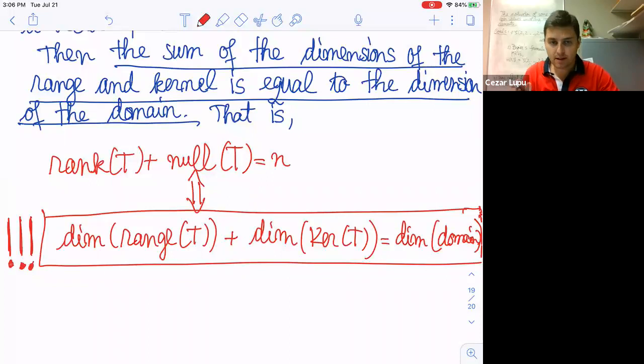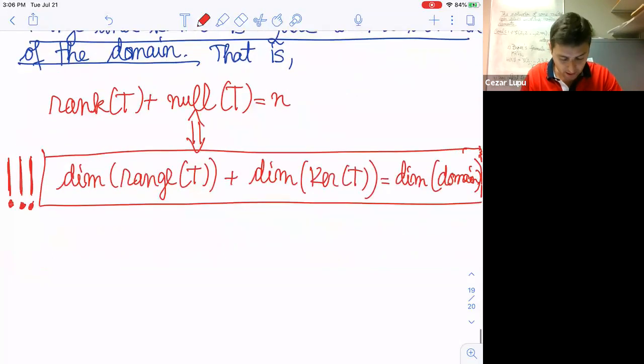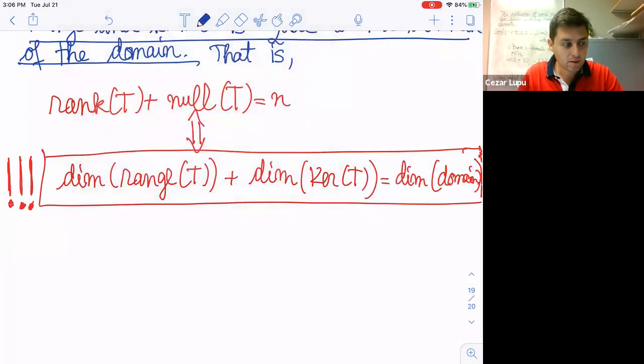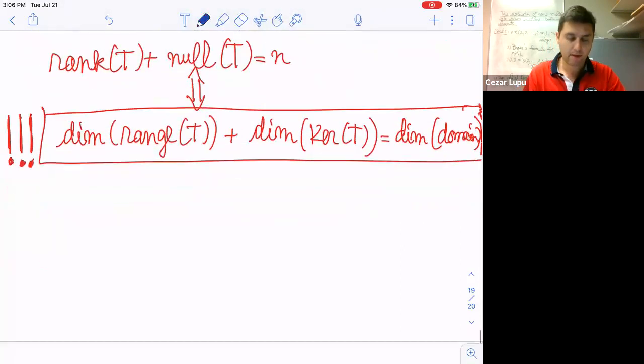And now let's see an example. I'm going to give you a matrix and we want to find the rank and the nullity of the linear transformation which is defined by a matrix. Let me see, what time is it? Okay, we still have some time left for a couple of examples. Probably I will do another video with one-to-one and onto transformations.